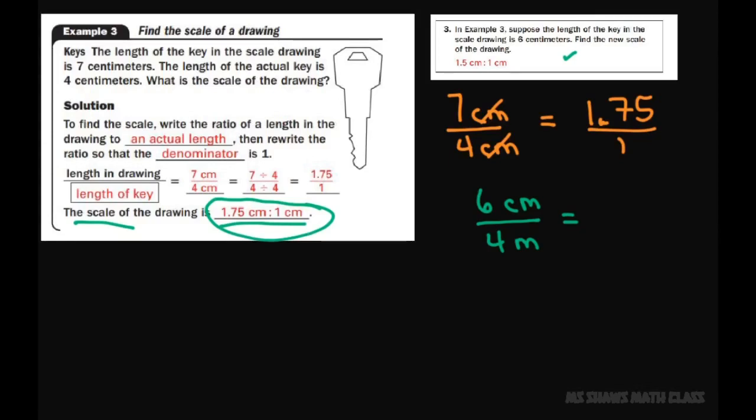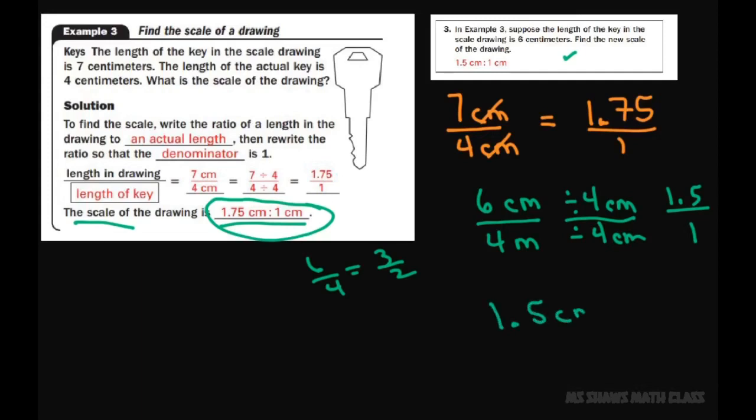So you're dividing both pieces by 4 centimeters, because you want a 1 here. So when you do that, you get 6 divided by 4 is 3/2, which is 1.5. And so we're going to write it as 1.5 centimeters to 1 centimeter.